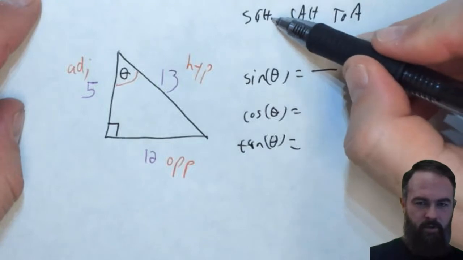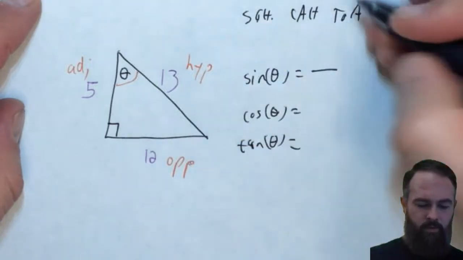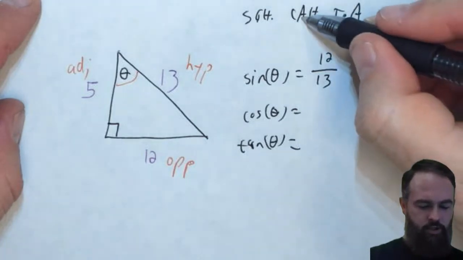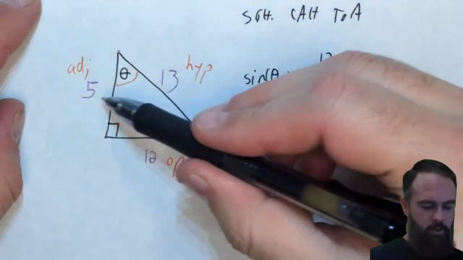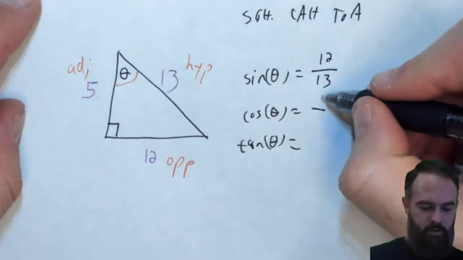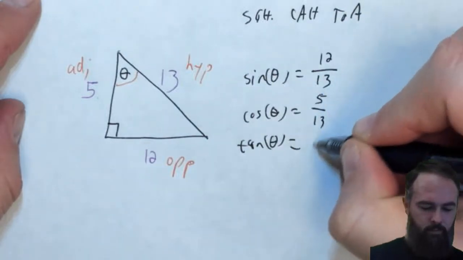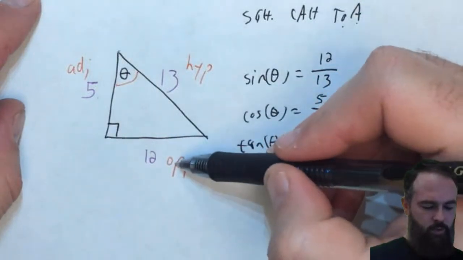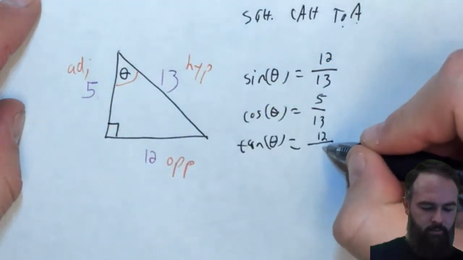Sine is opposite divided by hypotenuse. So 12 divided by 13. Cosine is adjacent over hypotenuse. Adjacent is 5 over hypotenuse is 13. And tangent is opposite over adjacent, which makes 12 over 5.